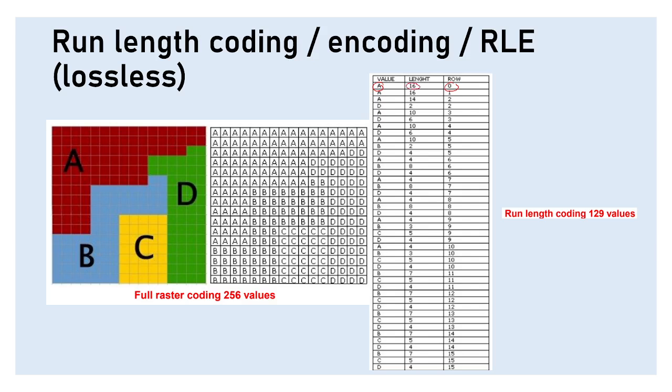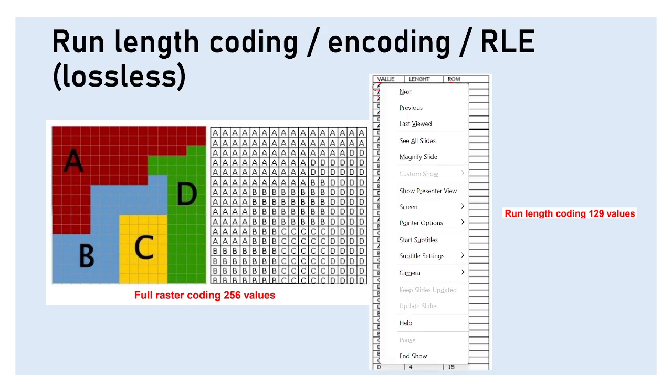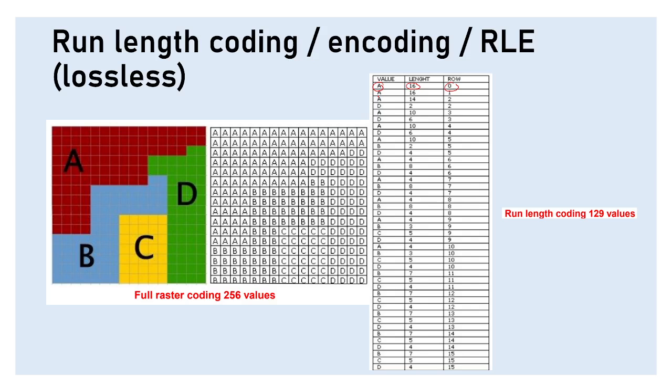Then again the second row is also the same. Third row, when you come, you can see it's not just A, you also have D present in it. So 14 cells have the red color, but then 2 cells have the green color. So we are writing it in this format, A and D, 14 2, then that row is 2 2, although when you count it is the third row, the numbering is coming as 2.